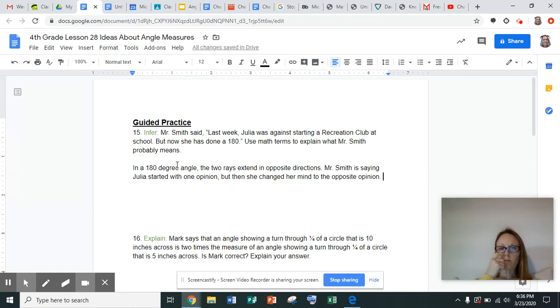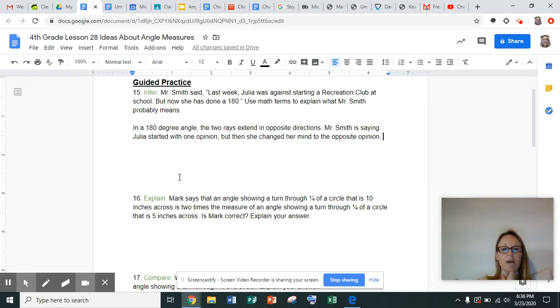Okay, so that's what we should have for number 15, because again, the two rays in a 180 degree angle, flat like this, they go straight across, so they're going in opposite directions. So if she did a 180, she went from this direction to this direction. Okay?